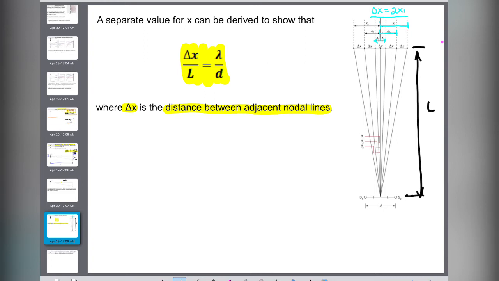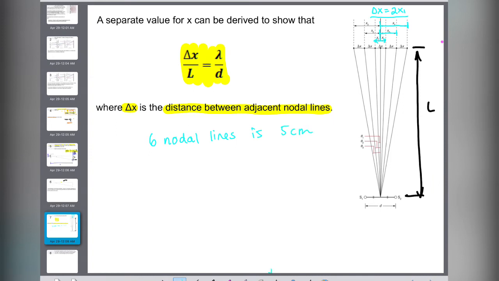Normally they would just tell you the distance between 5 nodal lines, and let's talk about that too. If delta x is the distance between adjacent nodal lines, and they tell you that you have 6 nodal lines in total, say 5 centimeters, I'm just making this up.